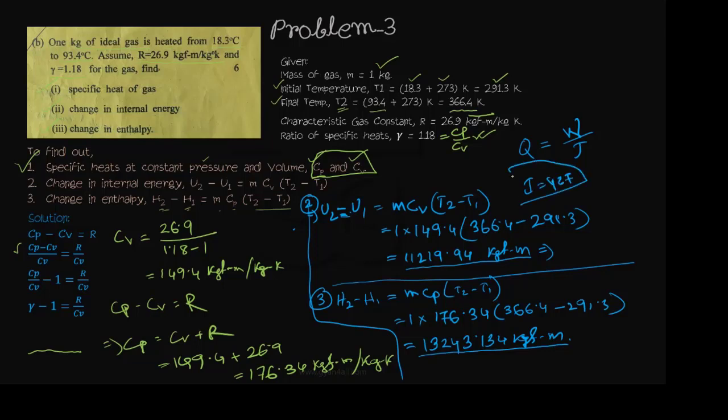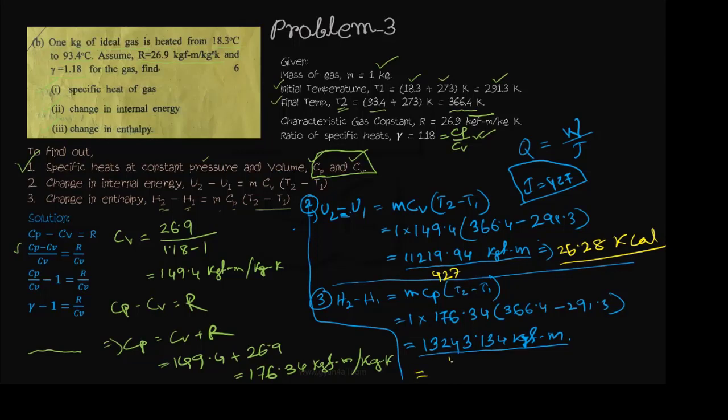By dividing the work unit by 427 we get kilocalorie. So if we divide this quantity by 427, it will be equal to 26.28 kilocalorie, that is heat unit.